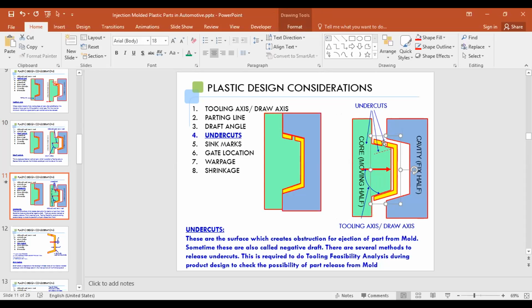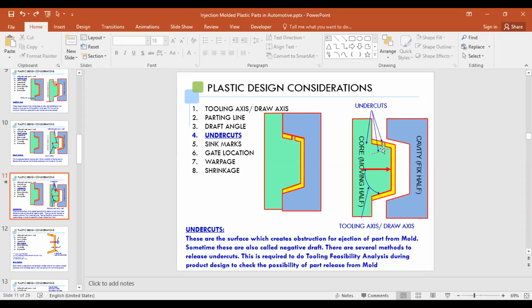This projection becomes an interference, an obstruction for the part to get released. So any projection which is at a different angle from the tooling axis is called undercut.